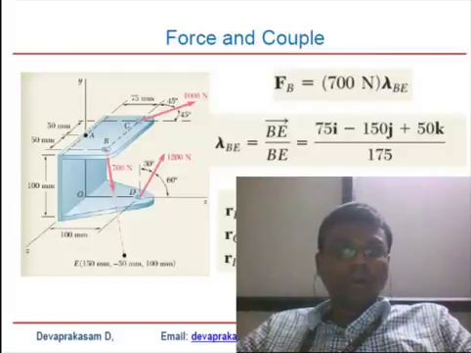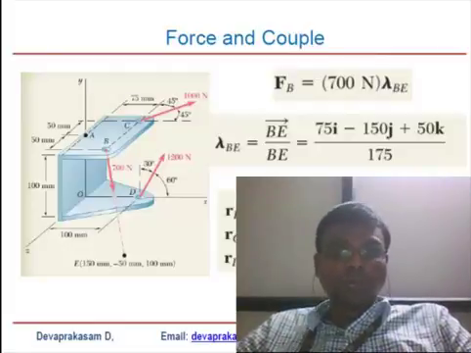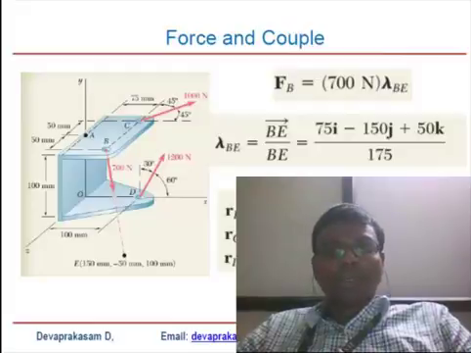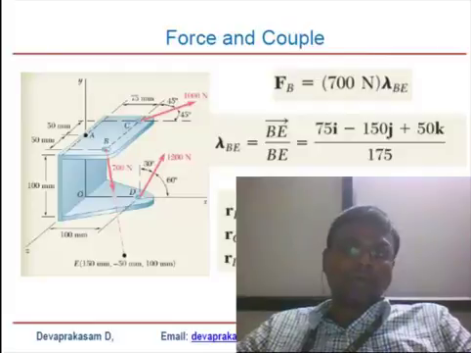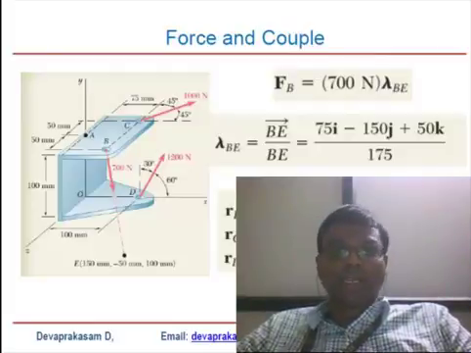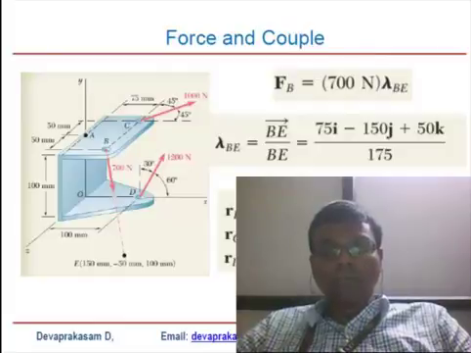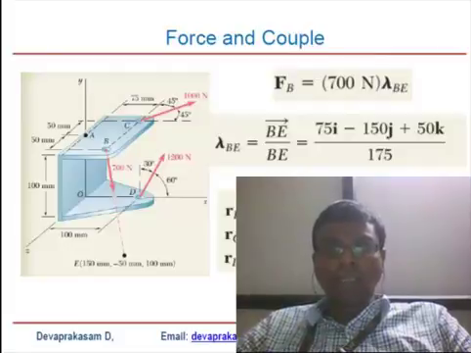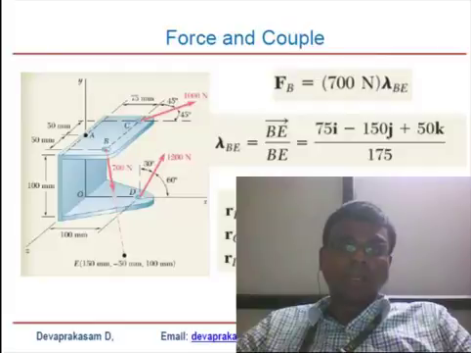You find that by using x2 minus x1, y2 minus y1, z2 minus z1 along i, j, k of that direction. i is the x direction, j is the y direction, k is the z direction out of the plane. So if you look into that clearly, you will get lambda B: 75i minus 150j plus 50k, divided by its magnitude, which is 175.